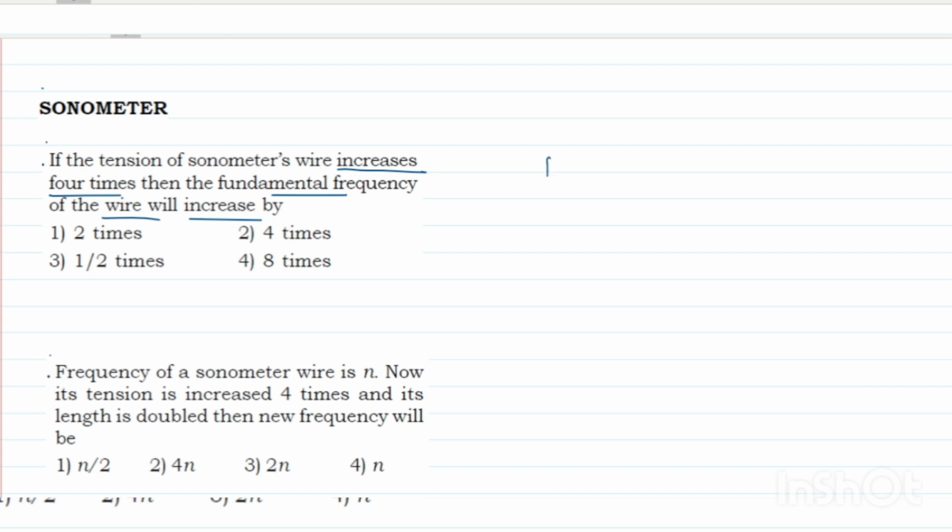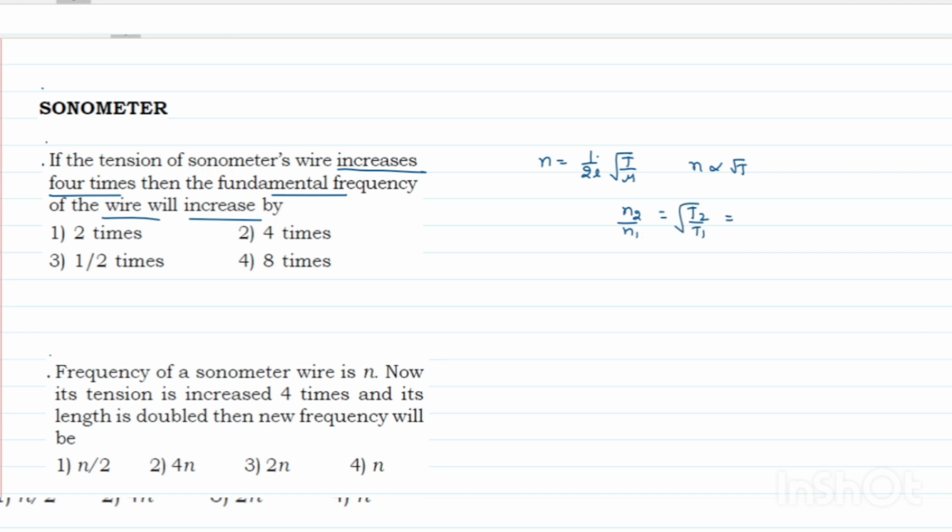You know the frequency formula is f equals 1 by 2L into root over T by mu. Here N is directly proportional to root T. Now they are asking for the second frequency value, N2 by N1, which will be equal to root over T2 by T1.